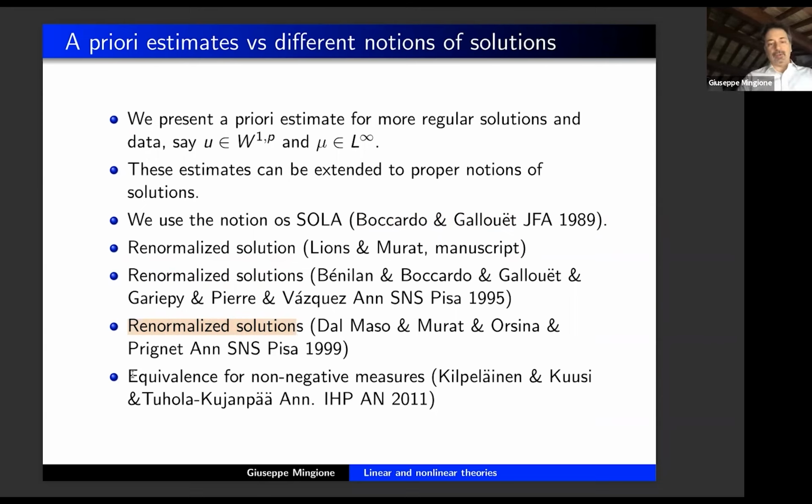And then these solutions are finally found to be essentially equivalent for positive measures in a work by Kilpeläinen, Kuusi, and Tuhola. But okay, this is just to give an overview on the notion of solutions. I would like to point out that from now on, I'm going to concentrate just on a priori estimates, so on the shape of the estimates. Then we can go further, because the core of regularity is in the first bullet here.